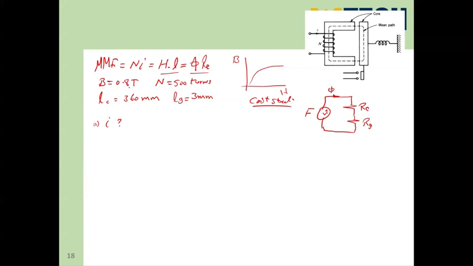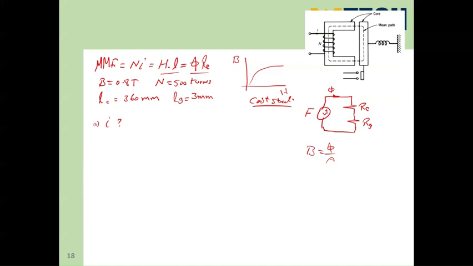We have the magnetic flux density, but we don't have the cross-section area. You know that B equals phi divided by A. Without the cross-section area we cannot get the flux or the reluctance. So this term is not easy to use for the time being.